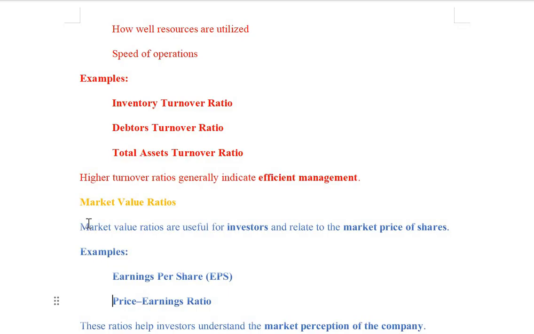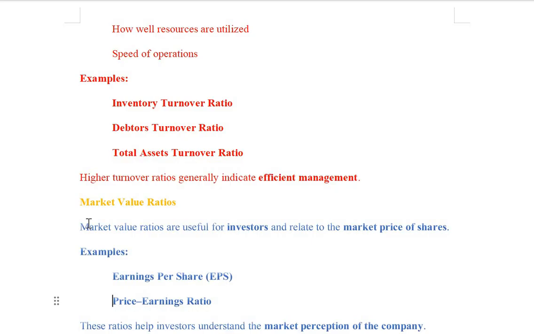So under turnover ratio, we are calculating the debtor velocity, creditor velocity, as well as the stock velocity. These ratios help to indicate how efficient we are in managing our business, which can be identified with the help of activity ratio.